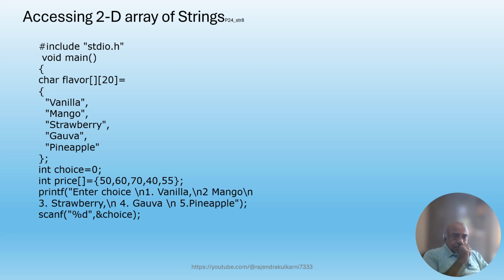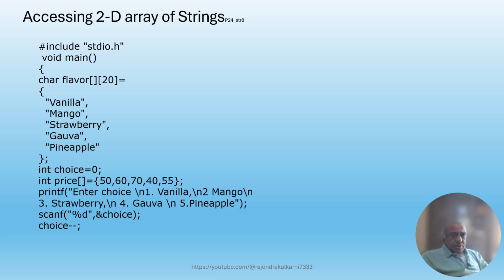Then we prompt the user to enter his choice of the flavor he wants. That choice is picked up and assigned to a variable named choice through this scanf statement.